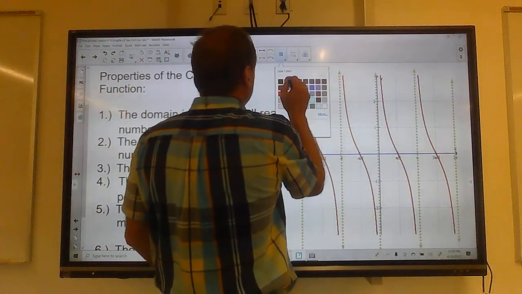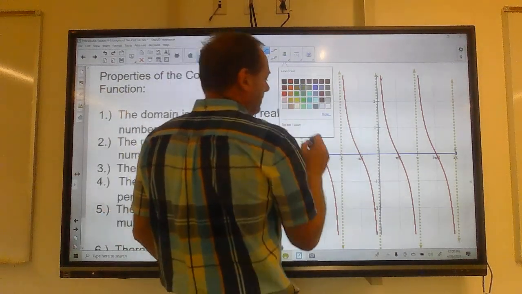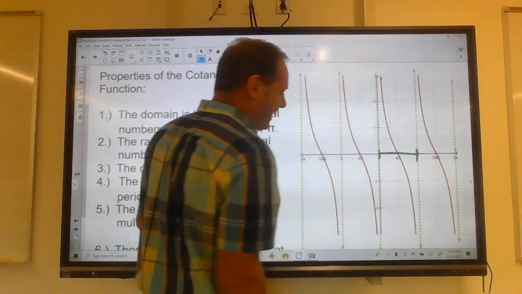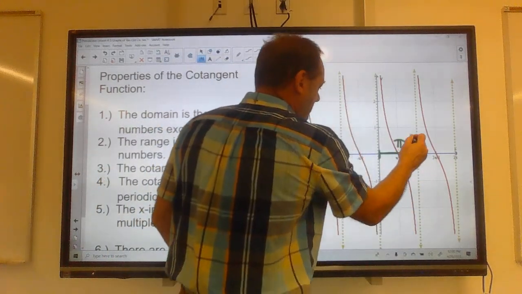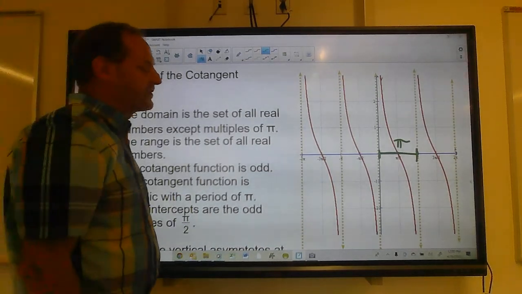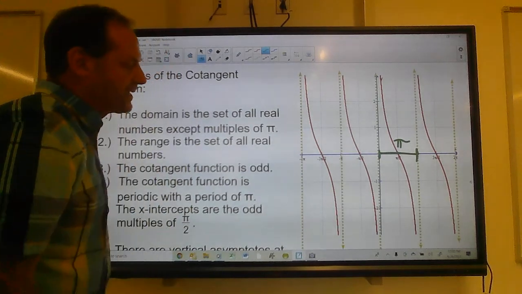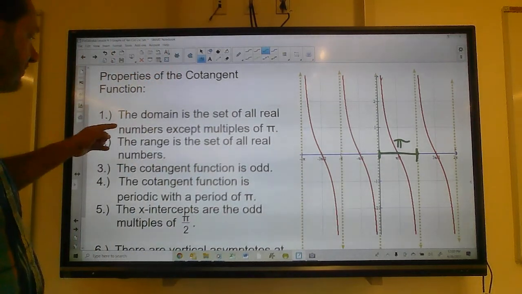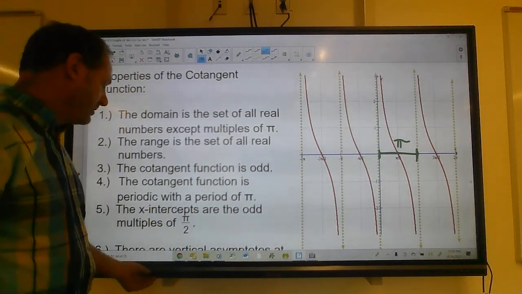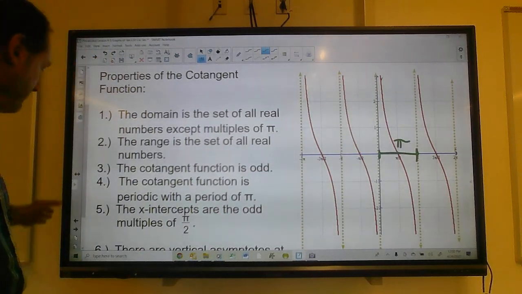So again, if I look at this distance from 0 to pi, I get all of my answers. So there's the period. And the x-intercepts are the odd multiples of pi over 2. So it's pretty much the same as tangent, except you shift the zeros and the asymptotes.